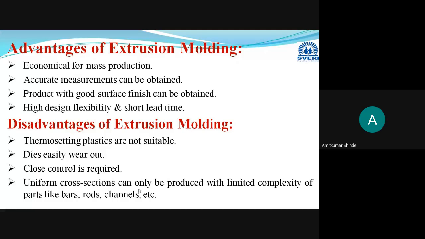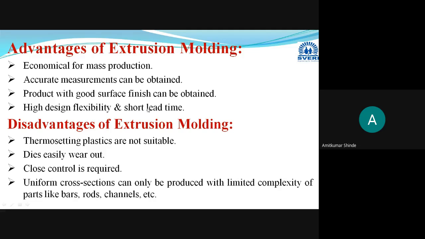Then accurate dimensions can be obtained. The next advantage is that components with very good surface finish can be obtained. Then there is high design flexibility: by changing the die opening, different cross sections can be obtained. And there is very little lead time for this extrusion process.